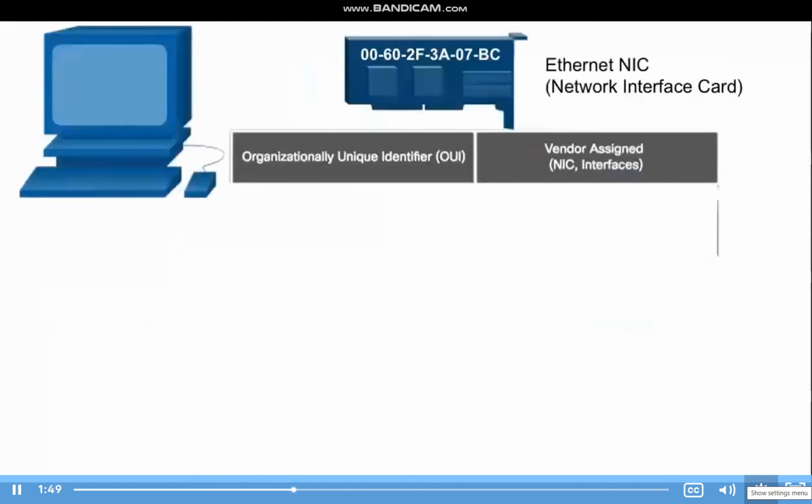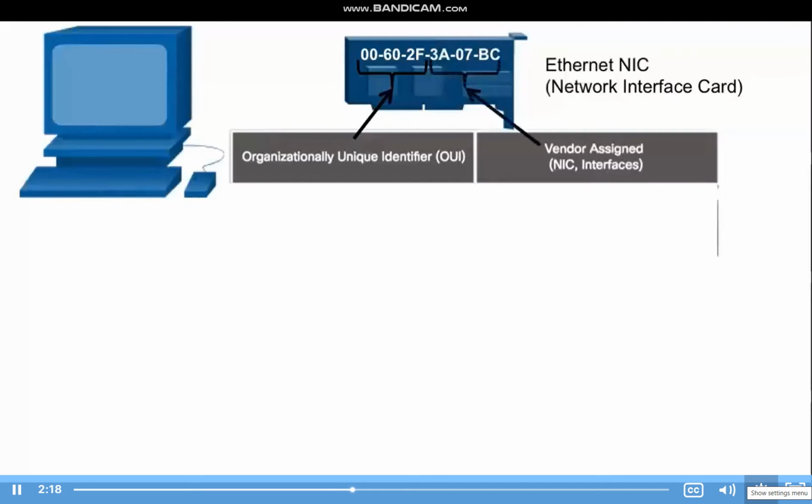An Ethernet MAC address has two parts. The first 24 bits represent the organizationally unique identifier, or OUI. This is the vendor or manufacturer portion of the address. For example, one of several OUI codes associated to Cisco Systems is 00602F, as shown in the example.